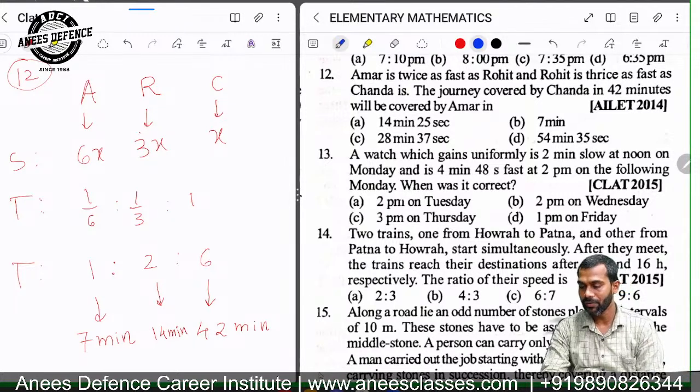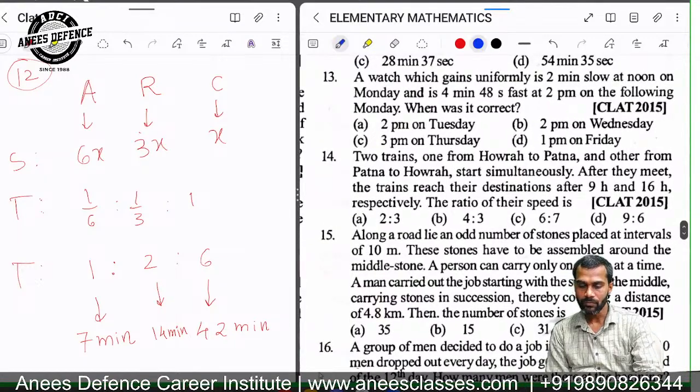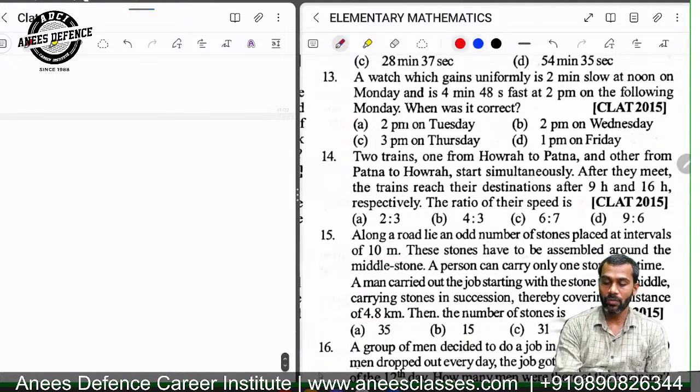No, they have asked only what is the time taken by Amar? 7 minutes. So answer is 7 minutes. Yes, Purva. Have you understood? Yes, sir. Understood. So that was quite easy. Yes or no? Now please try question number 13.